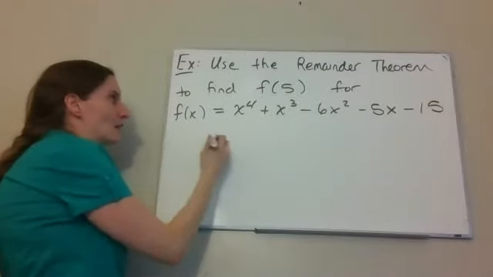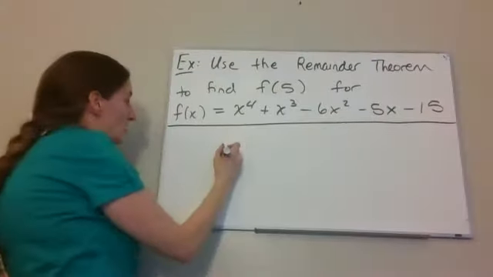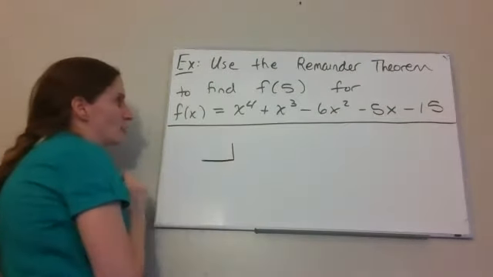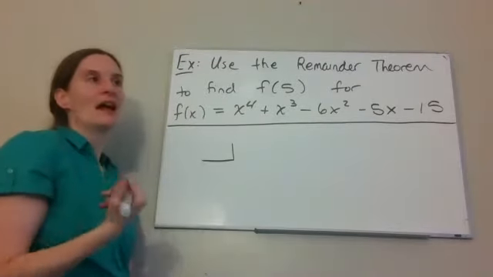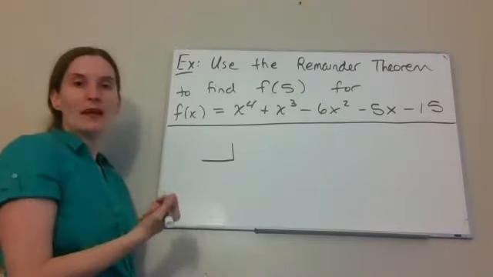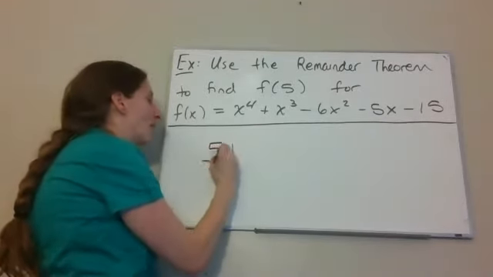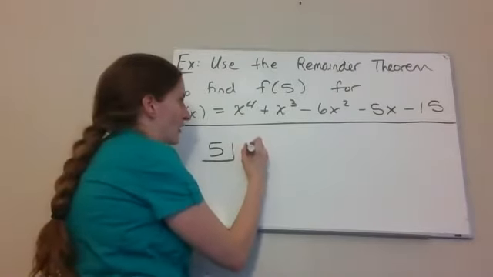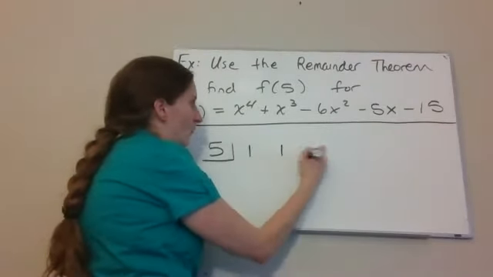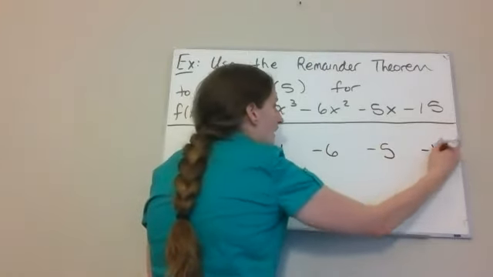And since it says to use the remainder theorem to do this, I'm going to do synthetic division. I know when I divide by x minus c, the remainder will be f of c. My c in this problem is 5. So I write down the coefficients for my function: 1, 1, negative 6, negative 5, negative 15.